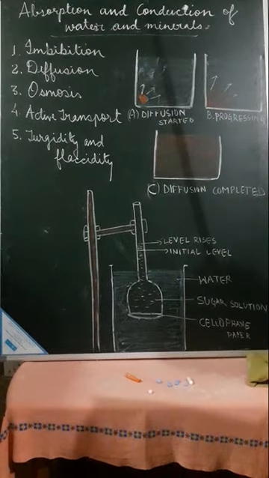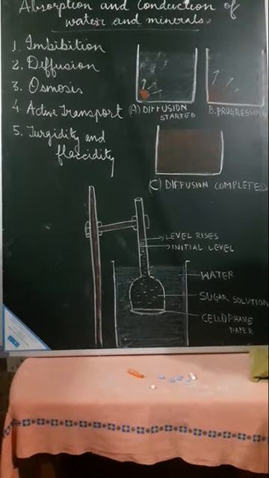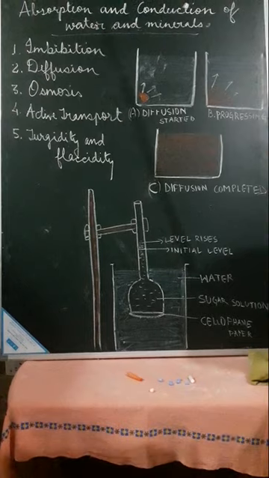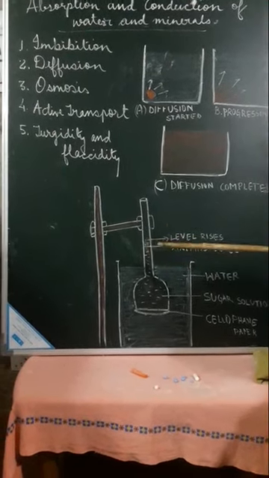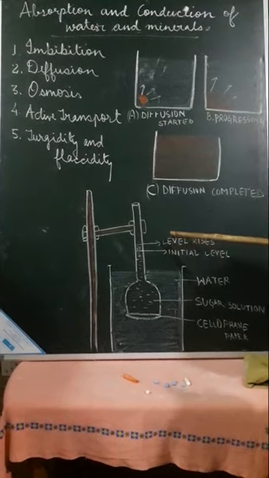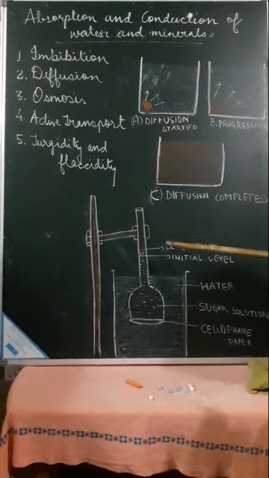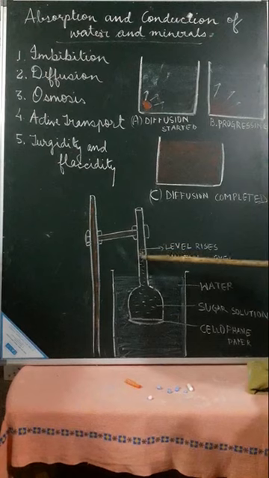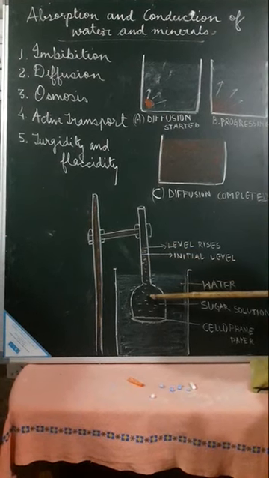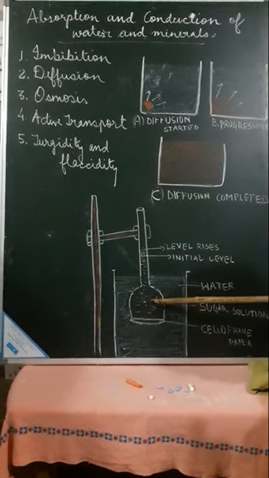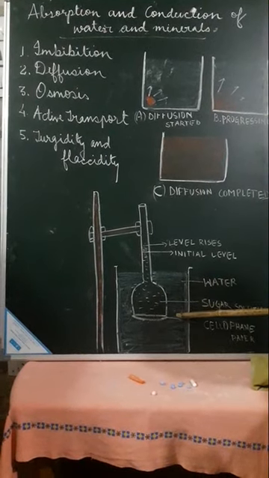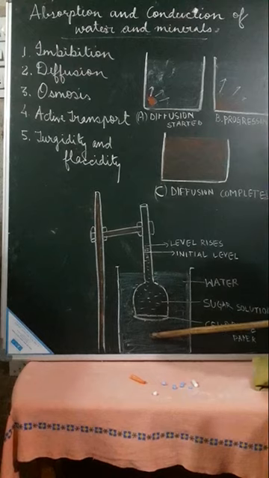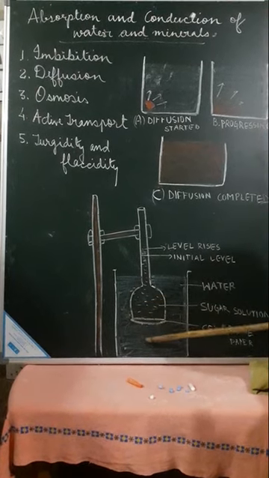And the next is, okay, the same experiment can be modified and we get the same result. In this, we take the sugar solution highly concentrated in the thistle funnel, and instead of only plain water we take a dilute solution of sugar.